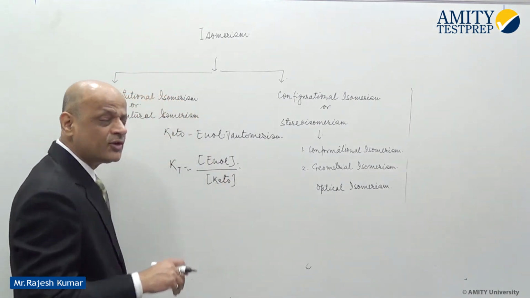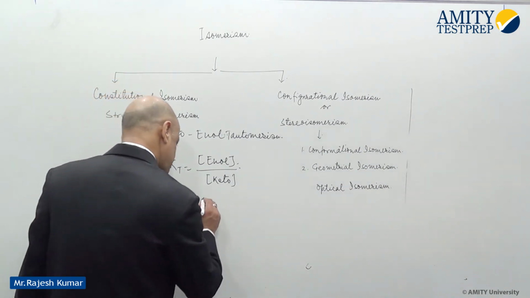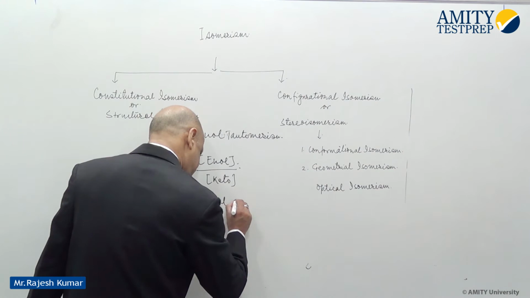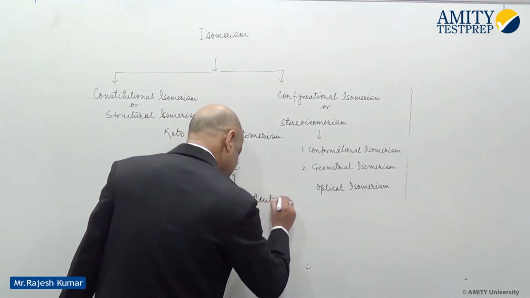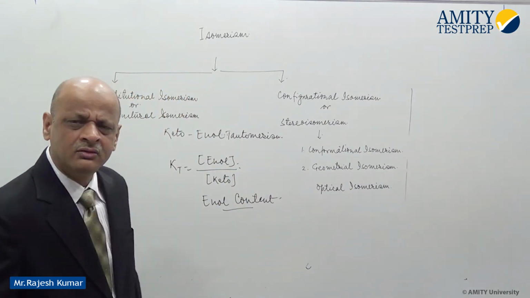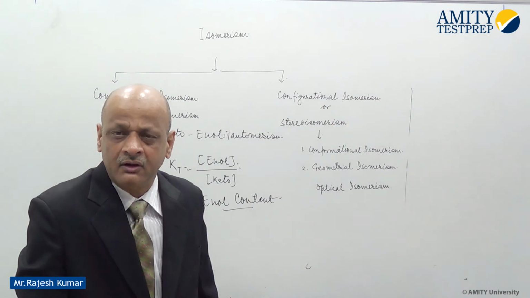The concentration of enol form at equilibrium is called enol content. The enol content or enol form percentage at equilibrium is called enol content.